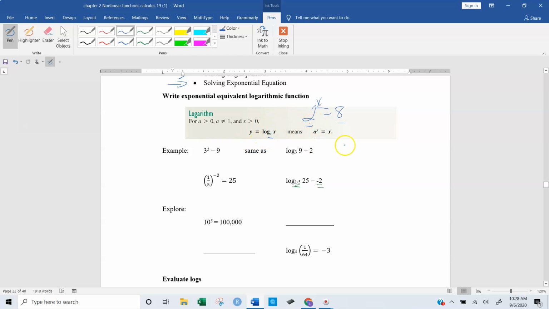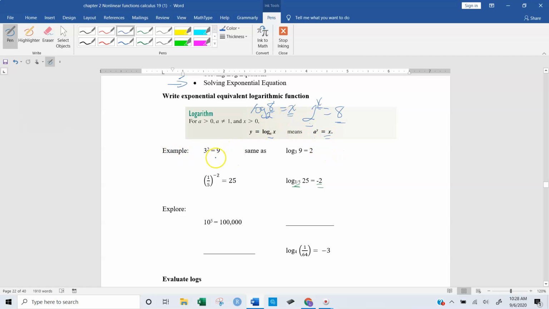So you would write log, and put the 2 underneath because that's the base. Logs find exponents, so this time the x is what it equals, and the 8 is what it's of. So it's log base 2 of 8 equals x. This is the exponent, what your answer was over here.